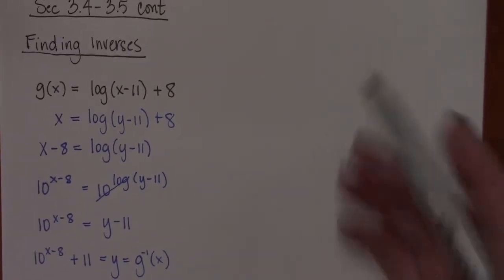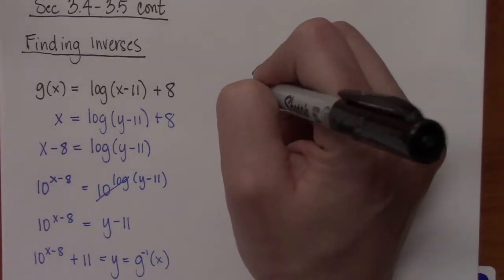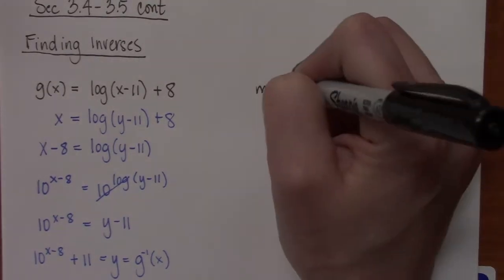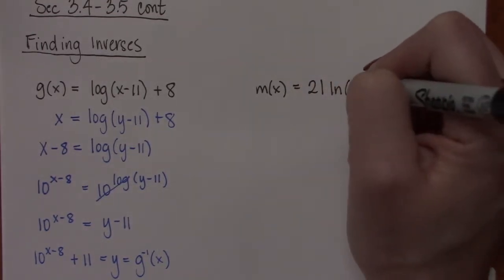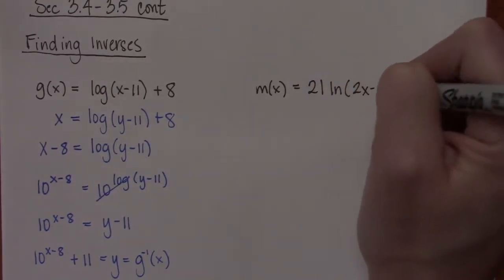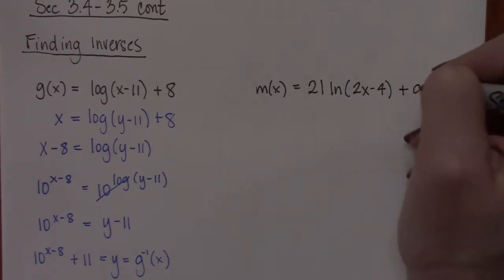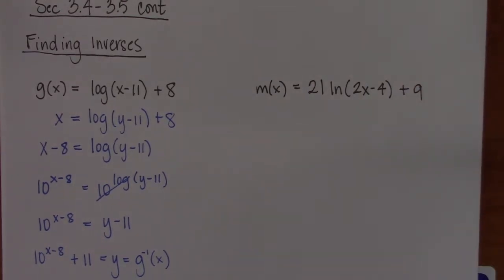All right, so let's look at another one. So now we have 21 natural log of 2x minus 4 plus 9. So the first step is always the same.